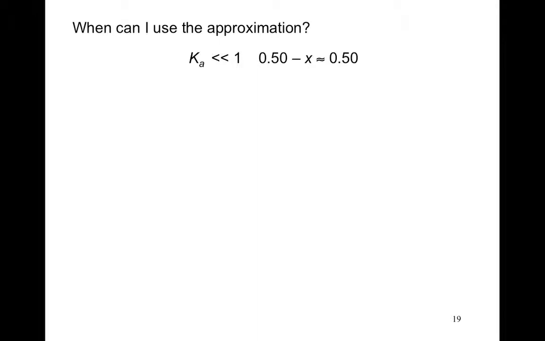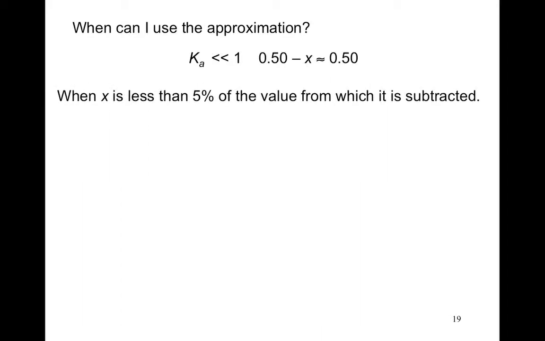So, when can we use this approximation, this weird little cheat where they just said, let's just get rid of x and call it good enough at 0.5? The answer is if your Ka is very, very small, much, much smaller than 1, which for weak acids it can be. And x has to be less than 5% of the value from which it's subtracted, which basically means we don't want to give ourselves too much error by assuming that this x isn't important enough to include.